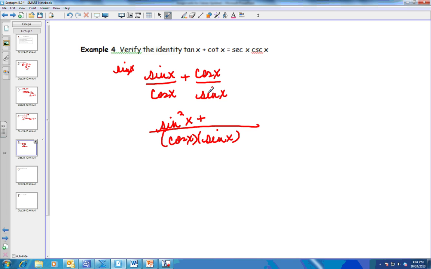This fraction, its denominator is missing a cosine x, so that's what I'm going to multiply the top and the bottom by. So cosine times cosine is cosine squared x. This becomes a Pythagorean identity. Sine squared plus cosine squared is 1.